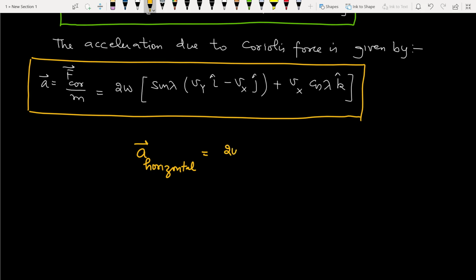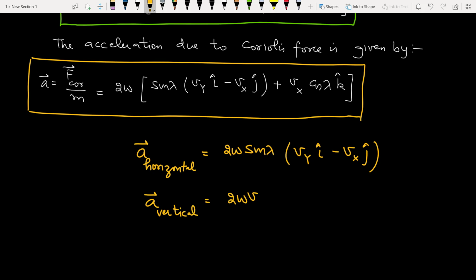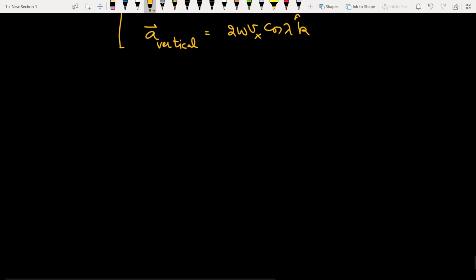It is 2 omega sin lambda Vy i cap minus Vx j cap, and one is the vertical component, which is 2 omega Vx cos lambda k cap. So this is our finding. So based on this, now we will try to answer a few questions.